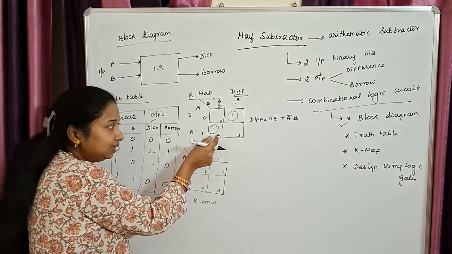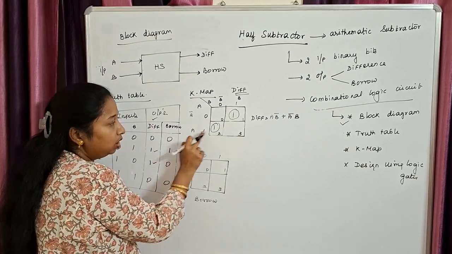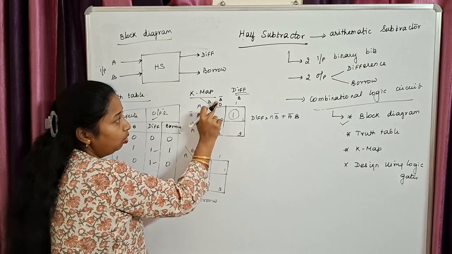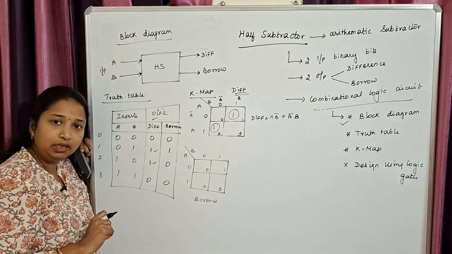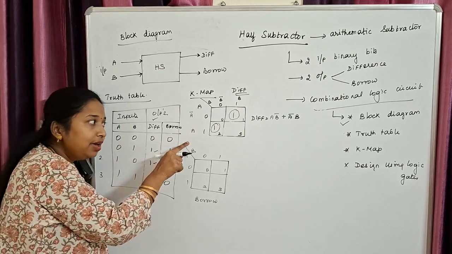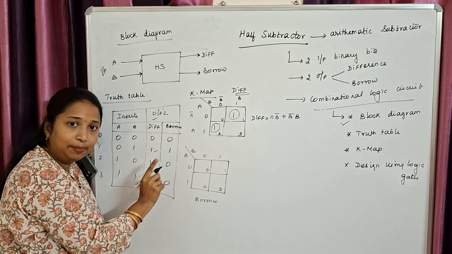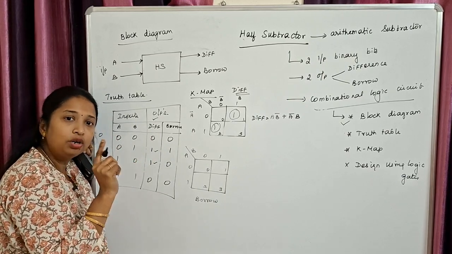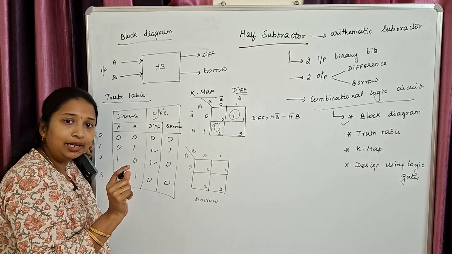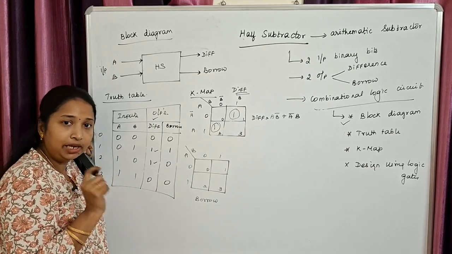Clear? And since it is a single variable mapping, whatever elements are there in the vertical and on the horizontal for that particular bubble, we are going to use that for framing the minterm. This is only for the case of single variable mapping. In case there is a grouping of a pair or a quad or an octet, in that particular case, all the common terms will be taken for a minterm.